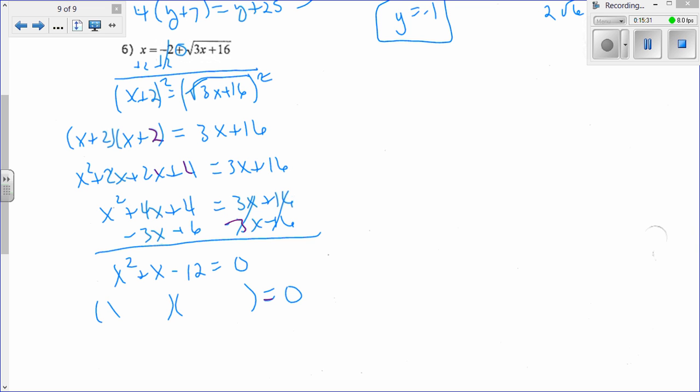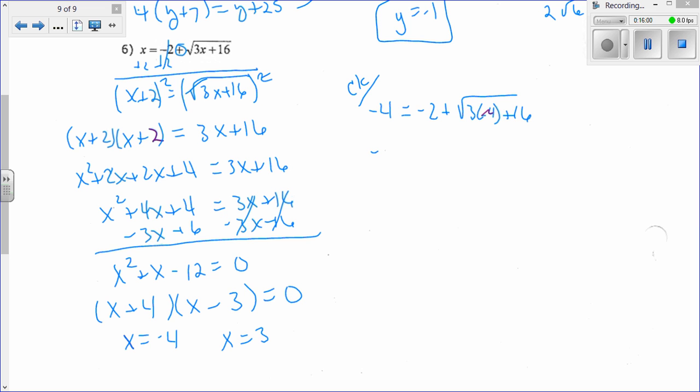Factor: x plus 4 and x minus 3. So x equals negative 4 and x equals 3. So we need to do our quick little checks. So I have negative 4 equals negative 2 plus the square root of 3 times negative 4 plus 16.